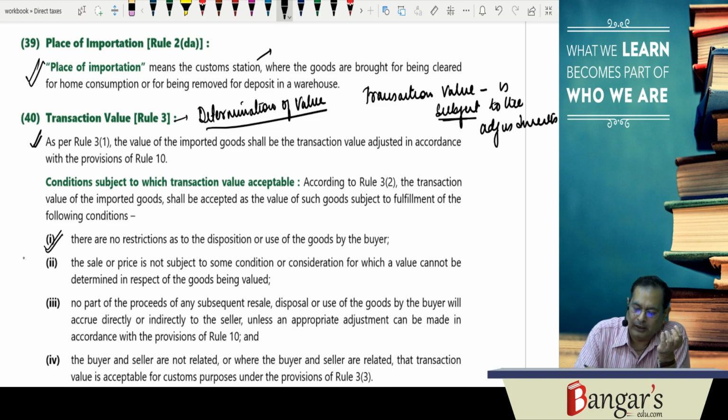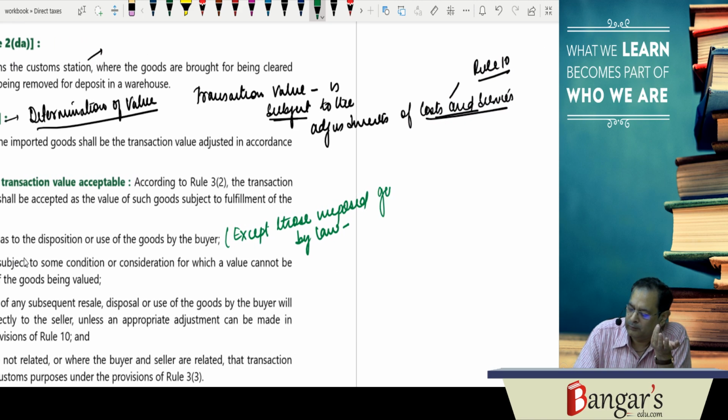Number one is, there are no restrictions as to the disposition or use of the goods by the buyer. But certain restrictions are valid, except those imposed by law or public authorities, geographical area in which the goods may be resold, or which do not affect what?